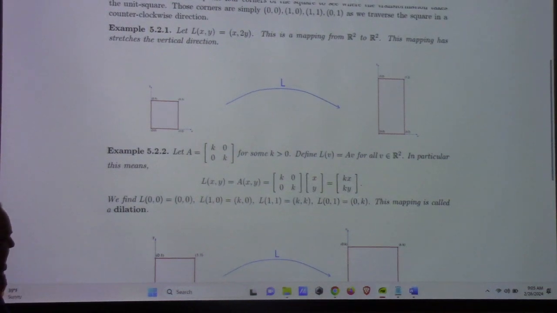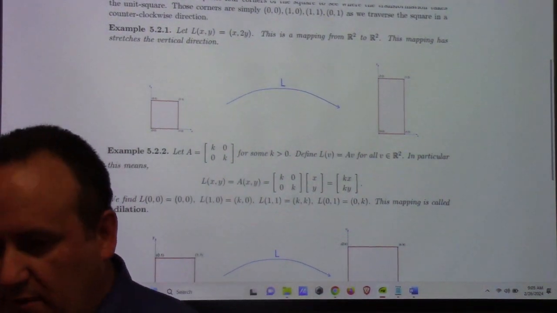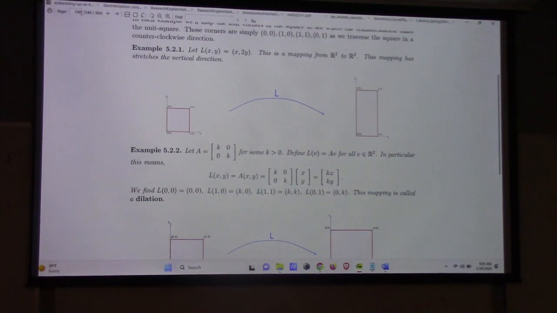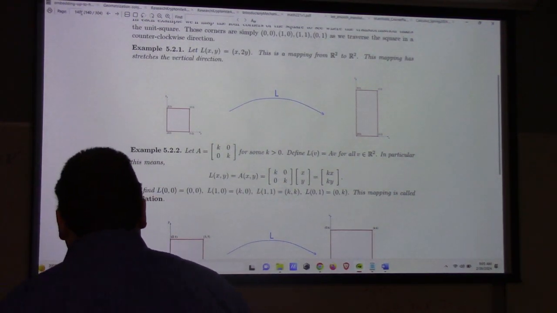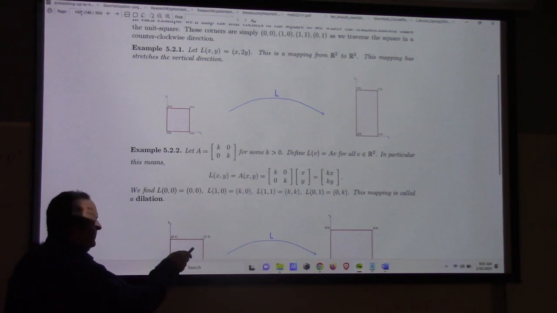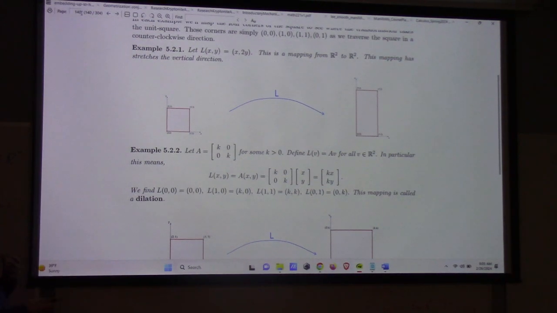What I do in all these examples is map the unit square to whatever it goes to under the linear transformation in question. That is logical because remember, lines map to lines, and that means intersections of lines map to their intersections as well.